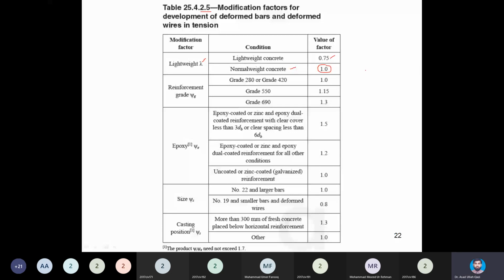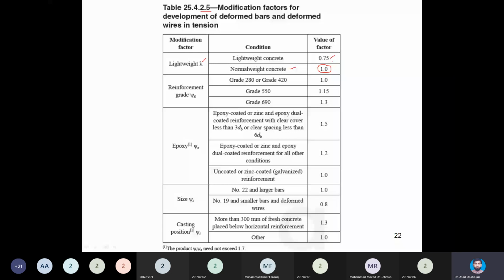For example, in Pakistan, if you are using Sargodha, Margala or Sakhi Sarwar, which are normal weight aggregate concretes in normal typical construction projects, your 1 will prevail. However, if you are using synthetic or natural lightweight aggregates on some special projects, then you will be required to select lambda less than 1.